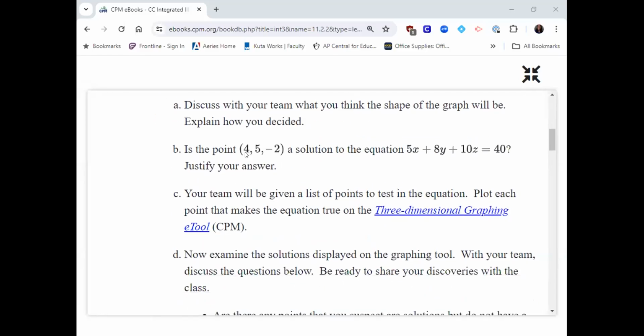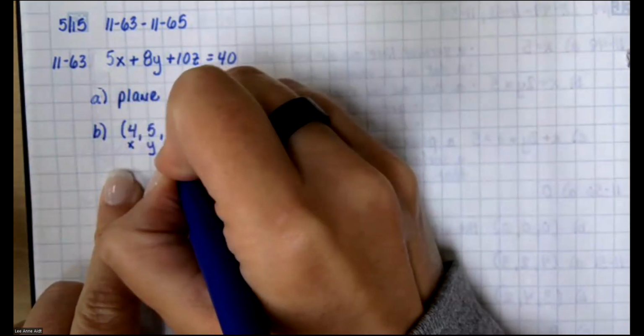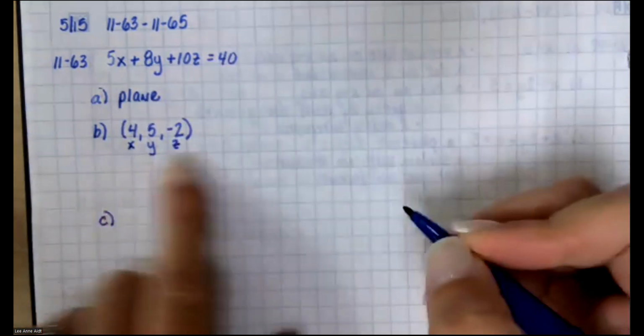Is the point (4, 5, negative 2) a solution to the equation 5x plus 8y plus 10z equals 40? Justify your answer. Okay, so we're going to do this one together, and then you guys in C are going to do the 3 that I put on your table. Okay, we're going to plug this in for x, this in for y, and this in for z.